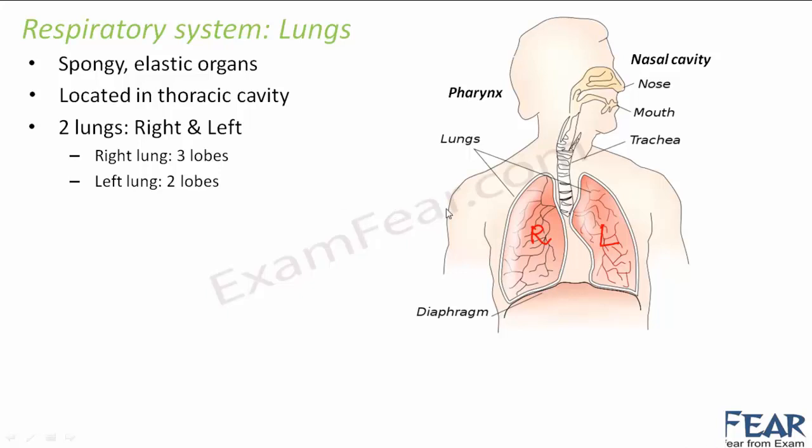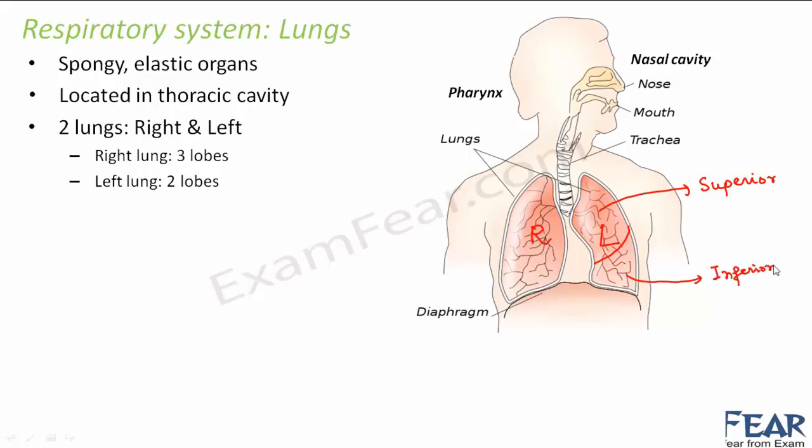The left lung is divided into two lobes and the right lung is divided into three lobes. So these are the two lobes in the left lung: the upper lobe and the lower lobe. The upper lobe is known as the superior lobe and the lower lobe is known as the inferior lobe.